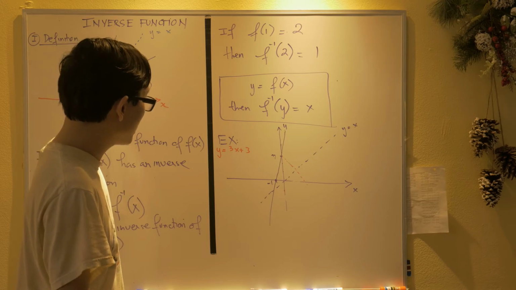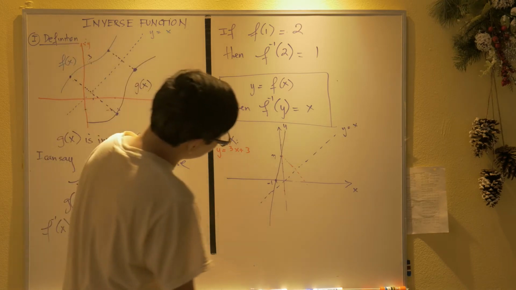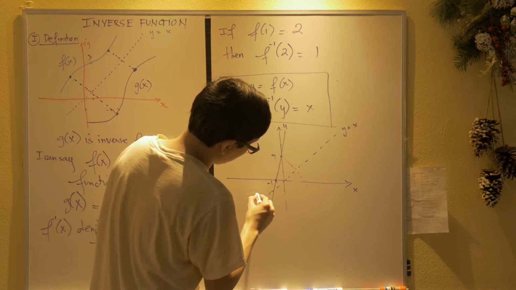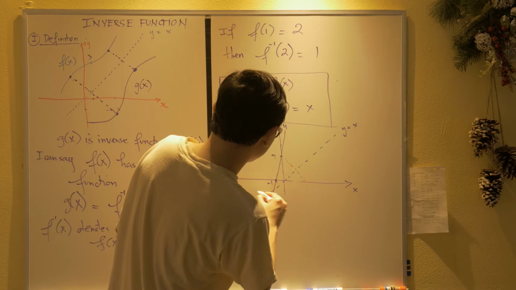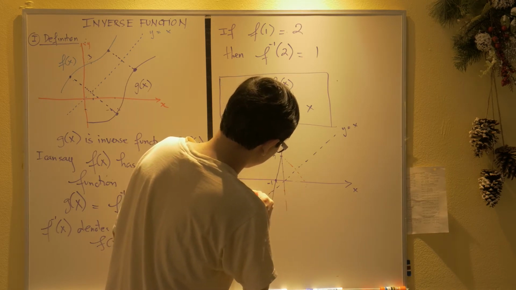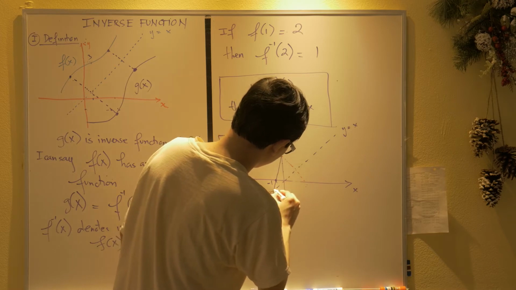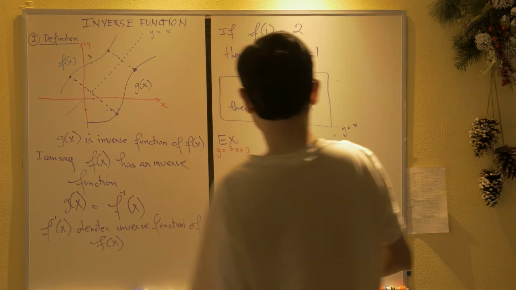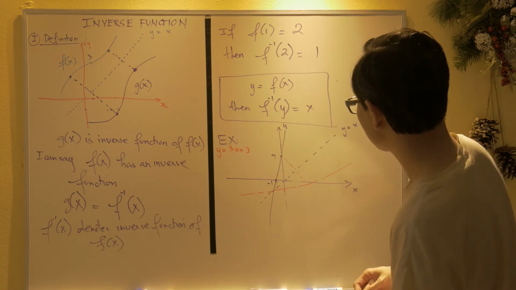Now I'm going to mirror that line through the line y equal x. Okay, so I'm going to have this line. So this mirrors over here, so I'm going to have something like that. Okay, it's not really perfect.